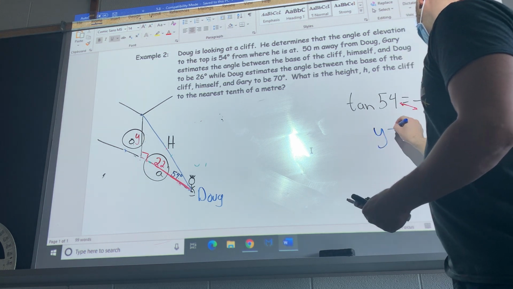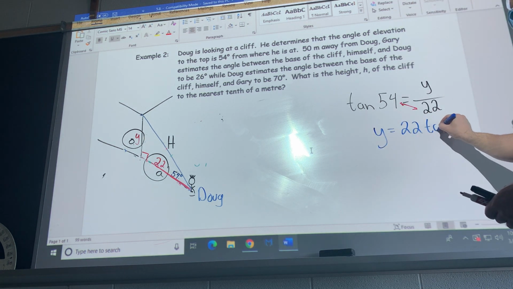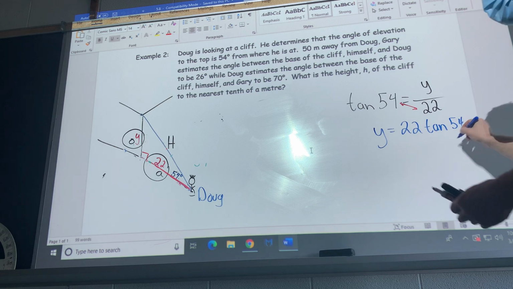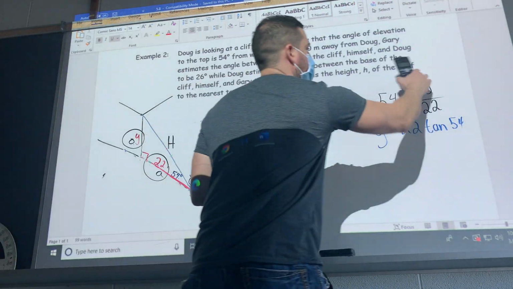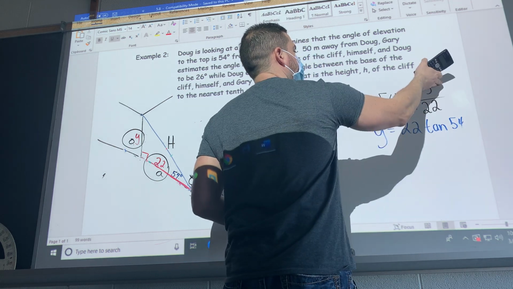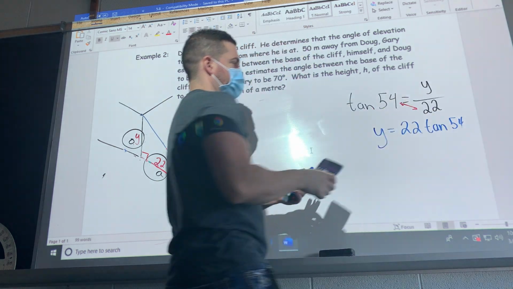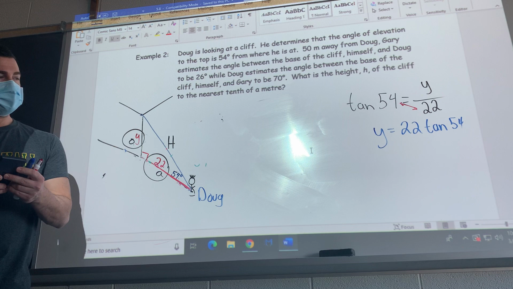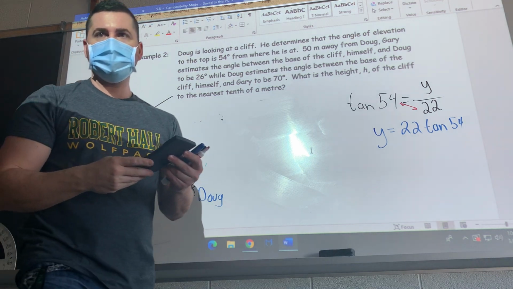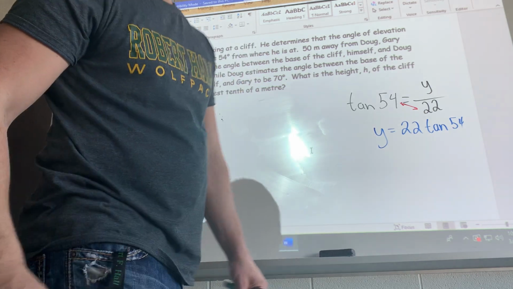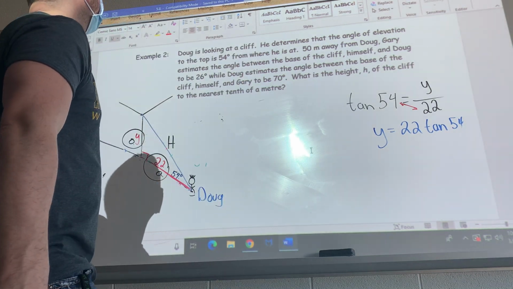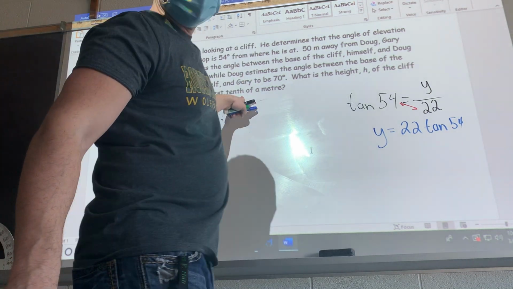So y equals 22 tan 54. If the letter was in the denominator, then we just swap it. The letter we're looking for is in the numerator, so we just multiply. I'm going to get 30.28. It says to round to the nearest tenth.